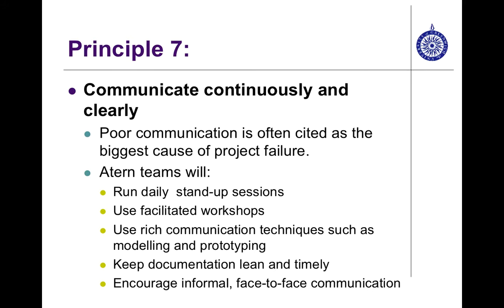And principle 7. Communicate continuously and clearly. As I said before in the DSDM item, we will try not to lose association. Instead, we will try to have close communication. How do we get close communication? We have to communicate continuously and clearly.